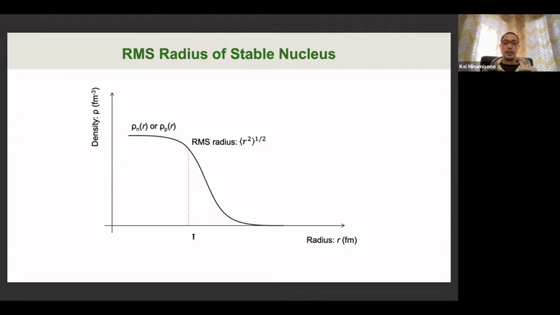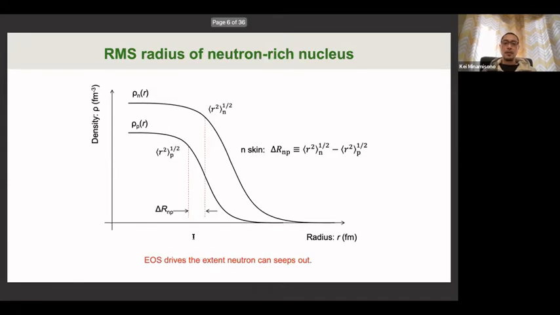And this density distribution is basically for the stable isotopes, where the proton and neutron numbers are about the same, so their densities kind of overlap each other. Once you go to the neutron-rich nucleus, there will be excess neutrons in the core. And of course, the density of the core saturates, so the neutrons have to seep out, extend towards the outside of the nucleus.